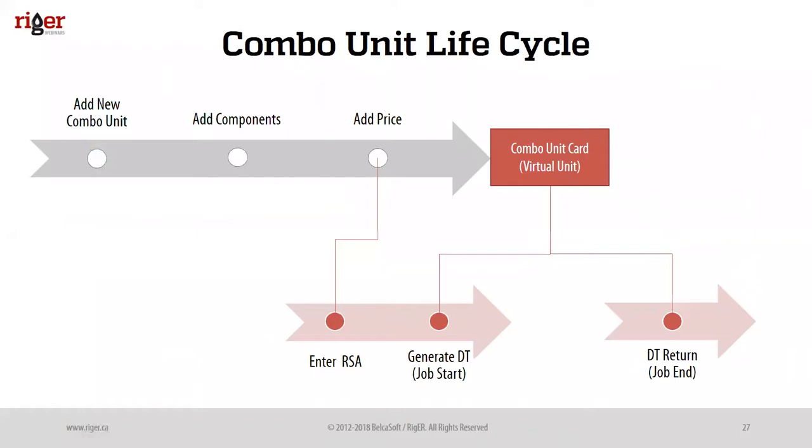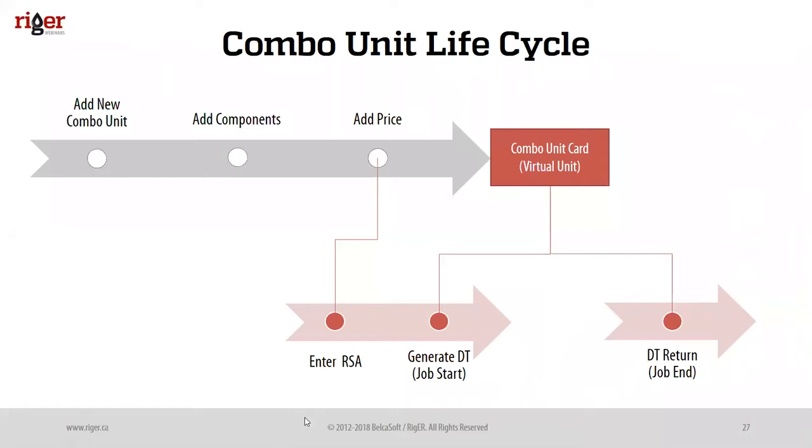When we start, we need to add a new combo unit card, add all the components, and put the price in the price list. Then the combo unit card will appear in the system. The combo unit is a virtual unit, so the components will still be in the system.